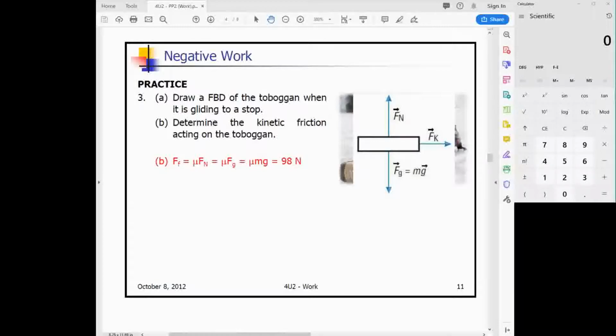The only force that's applied in the direction of the motion is the force of friction. The Fg is equal to the Fn, so the net force is equal to Fk or Ff. So in order to calculate the kinetic friction, it would be our Fn times mu, which is 0.1 times 100 times 9.8, which gets us to 98.